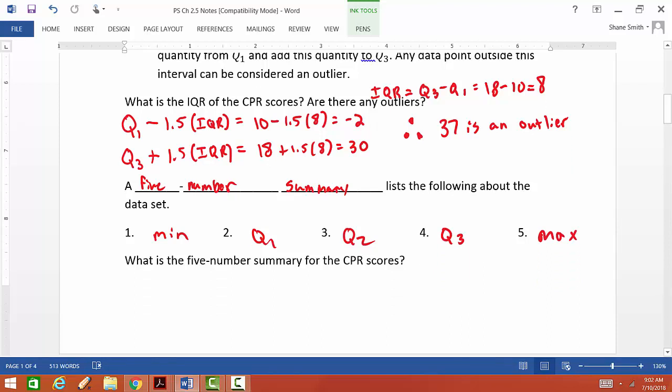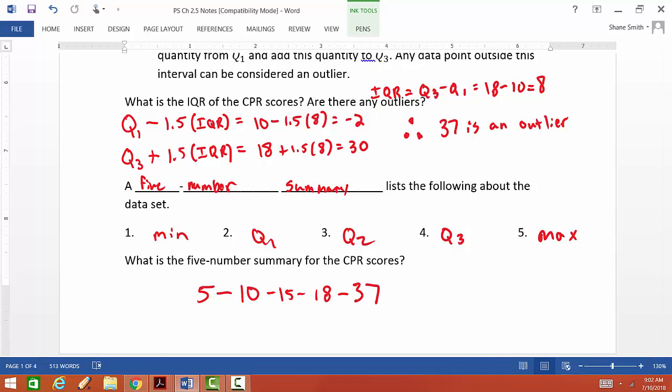So our 5-number summary would be 5, because that's the smallest value in our data set. Our quartiles are 10, 15, and 18. And our maximum value is 37. So if I were to ask for the 5-number summary for this data set, that's what it would be.